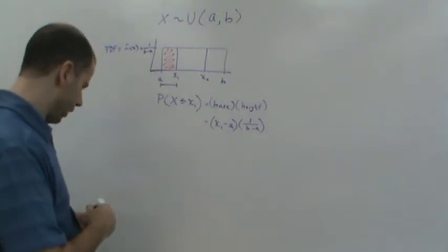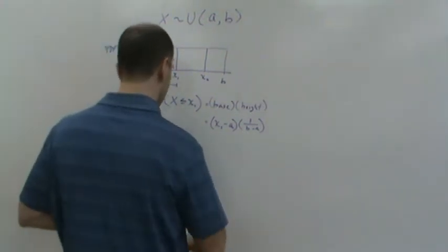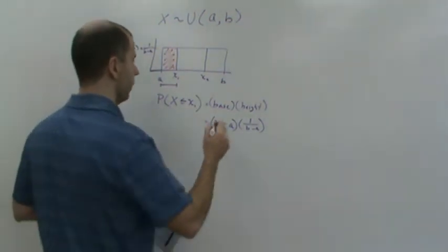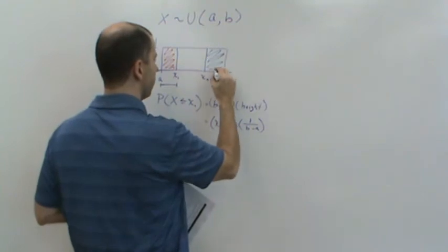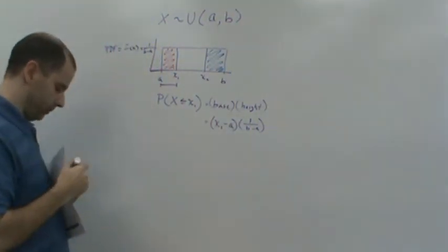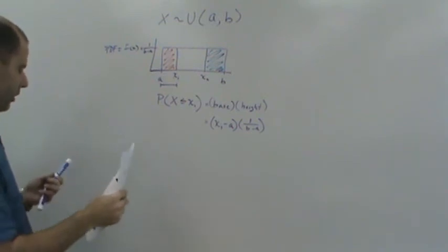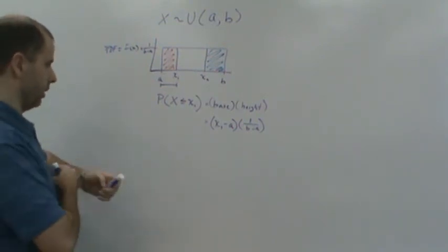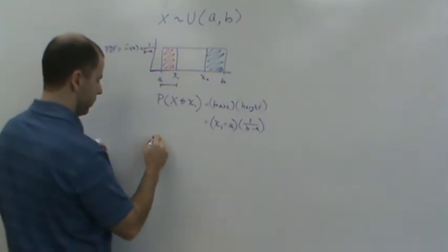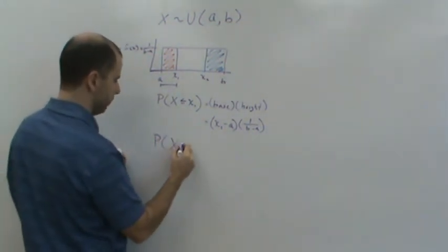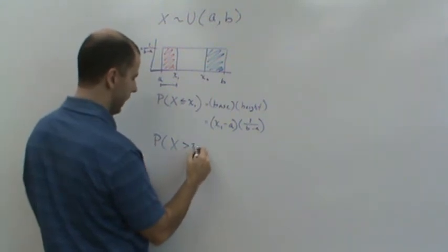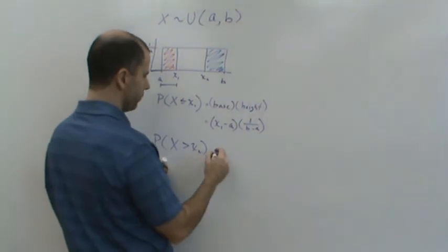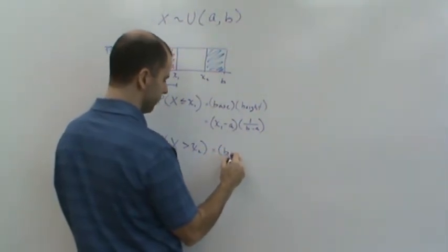So now, what if I wanted the probability of being greater than x2? So I want this area, the area of that rectangle. How do I find it? Do the exact same thing. The probability of x being greater than x2 is, again, base times height.